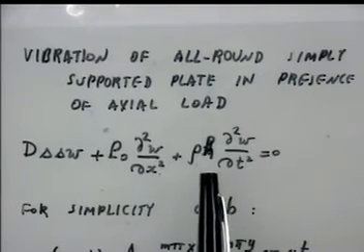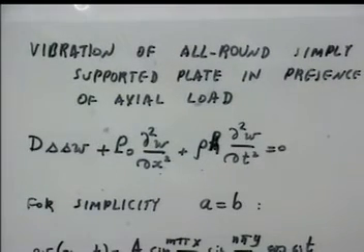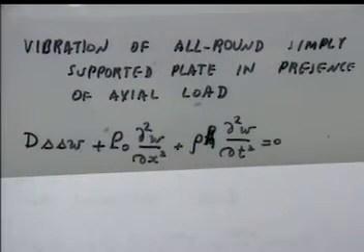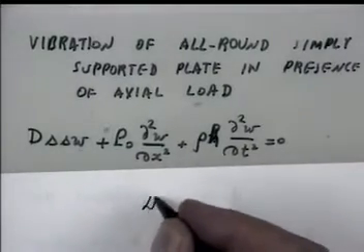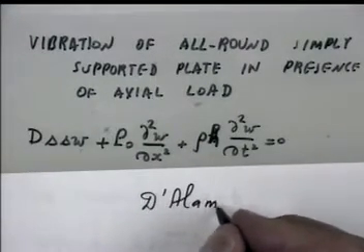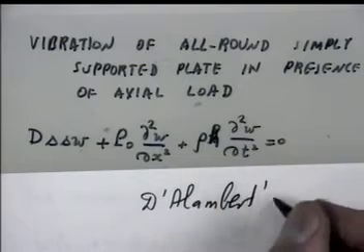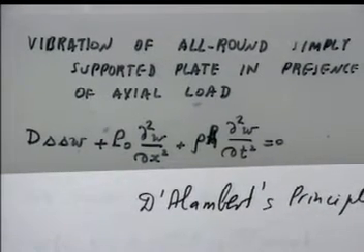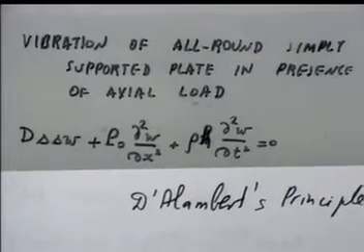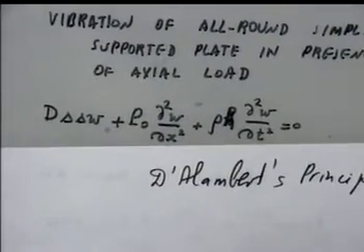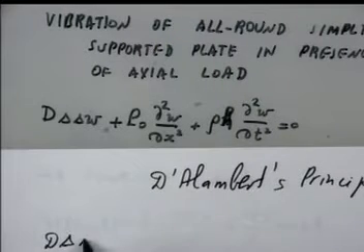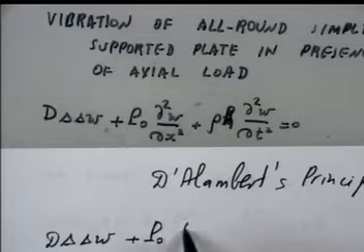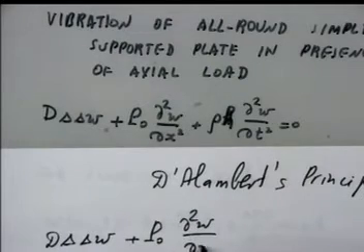And that, according to D'Alembert's principle, we say del del w plus p0 d2w over dx squared.